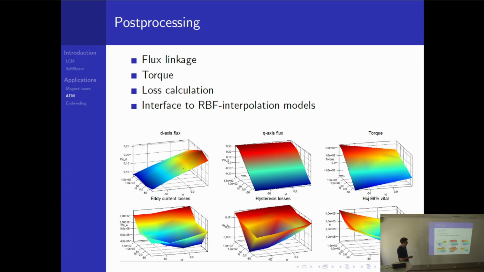And then we're using RBF interpolation models, and then you can recover from these load points the steps in between. So normally this DQ grid is not what you want in the end as certain load points, but you need something to compute in between.